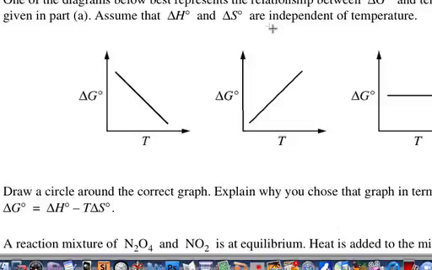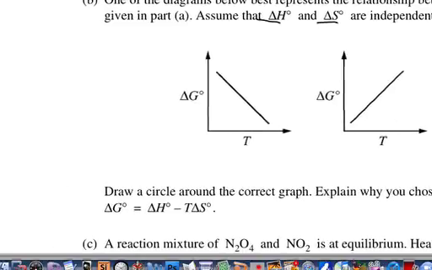Going to this next one, it says on the diagrams below, which one best represents the relationship between delta G and temperature? Although this looks fancy, they're just looking for the spontaneity conditions. So let's go to our chart that we have glued into our notes.